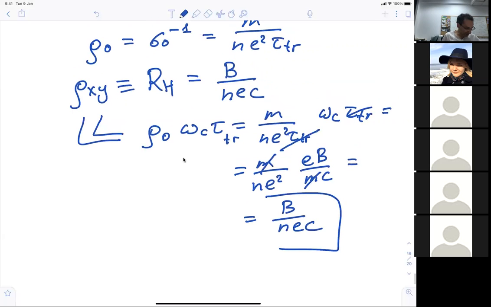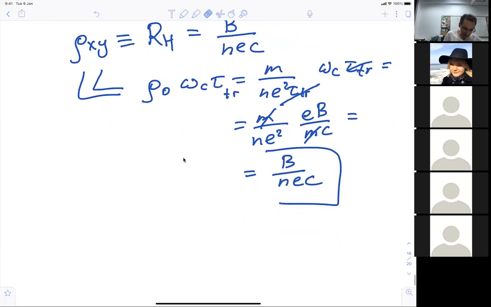So that's rho xy, and I compute rho xx, and rho xx happens to be rho 0.